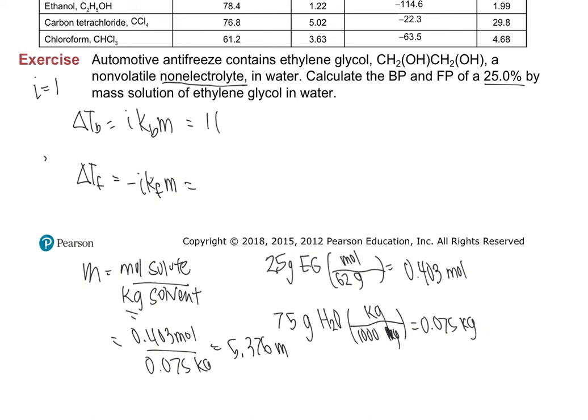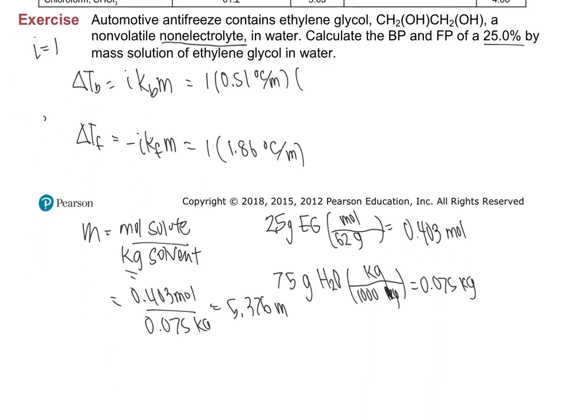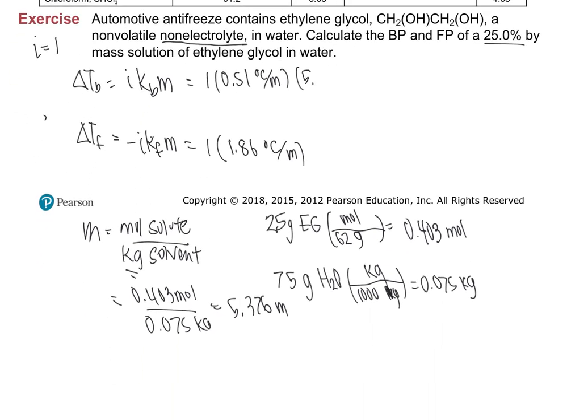Now KB for water is 0.51 degrees Celsius per molal, and KF is 1.86 degrees Celsius per molal, times my molality, which is 5.376.